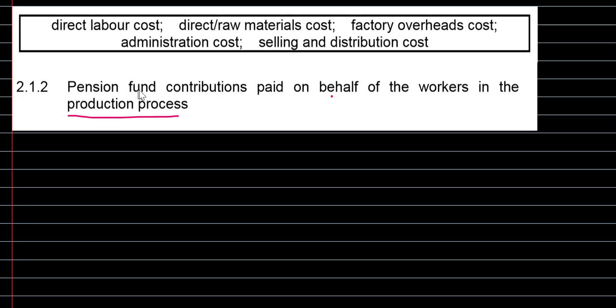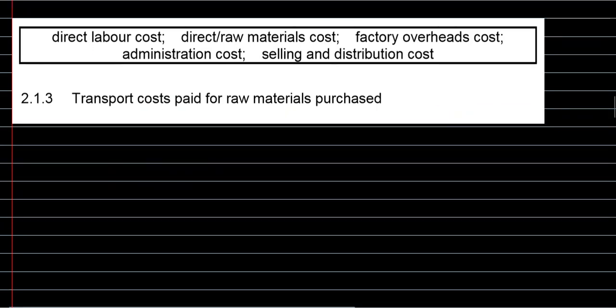It's a pension fund paid to the workers, so it has to do with direct labor cost. There it is, direct labor cost. The direct labor cost, these are the workers that are involved in the production. So it is a direct labor cost. Yes. So let's go to another one.